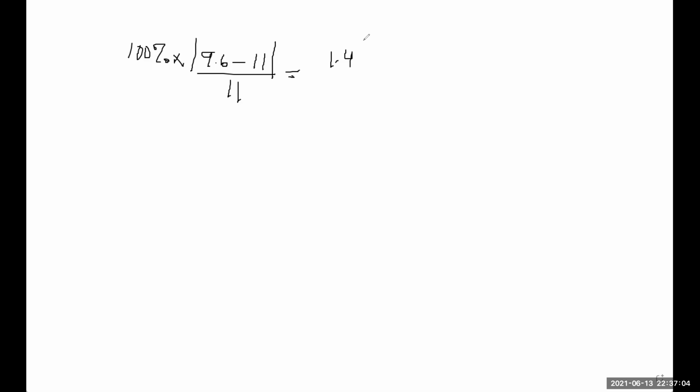You're taking the absolute value of negative 1.4, right? So it's just going to give you 1.4. And then you divide it by 11, which gives you about 0.127. Then you multiply it by 100 to convert to a percentage.